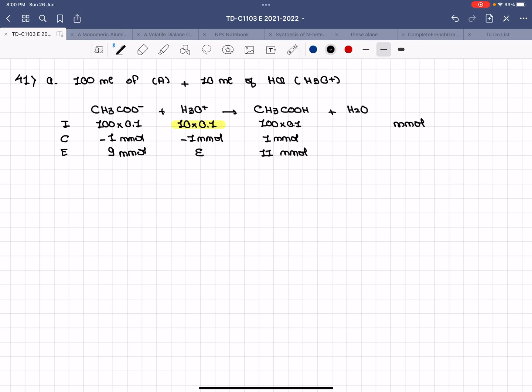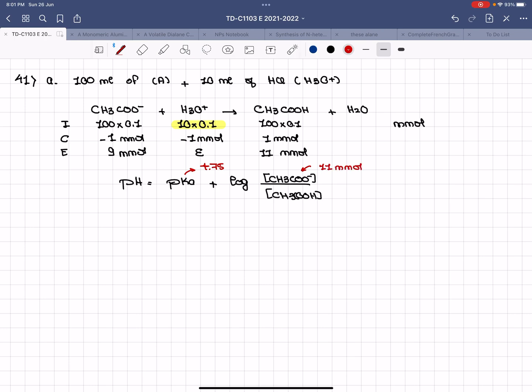Now you have to change into concentrations. You already know this, that you have to divide by the total volume. However, I already know that I can just simply use Henderson-Hasselbalch. So I will not change into concentrations. I already know that I have CH3COO minus, CH3COOH, acetic acid, pKa is 4.75, CH3COO minus is 11 millimole.